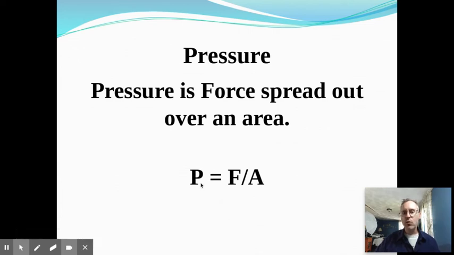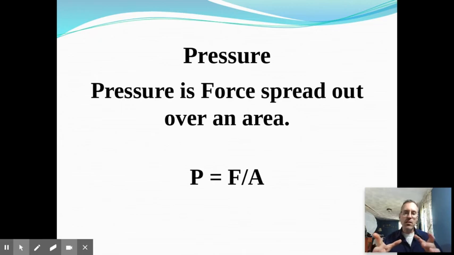So if you take a weight, like a weight from a weight set, and you put it on the floor, okay, it produces a certain amount of pressure for that weight for that surface area that it's on the floor. If you took the same weight and welded a nail to it and then put it on the floor, you probably would make an indentation in the floor or something.